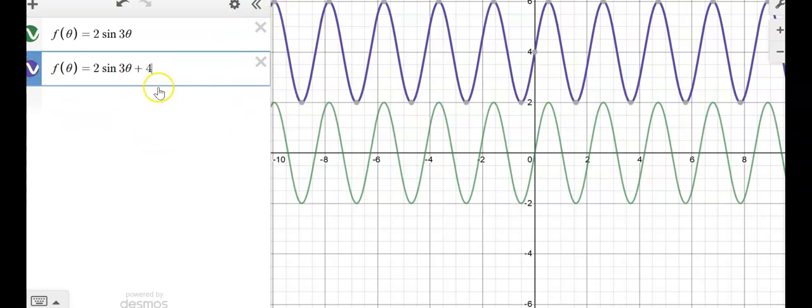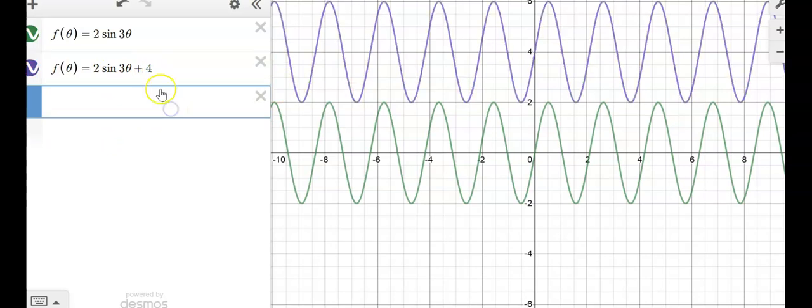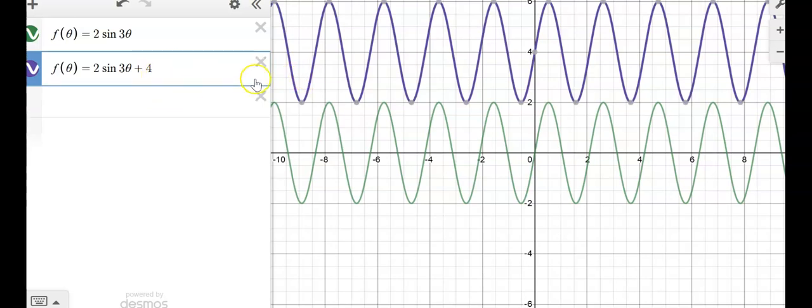Now you can see what has happened. What is the value of k? The value of k tells us how much up the function will go. So this 4, as you can see, y equals 4 will become our midline.